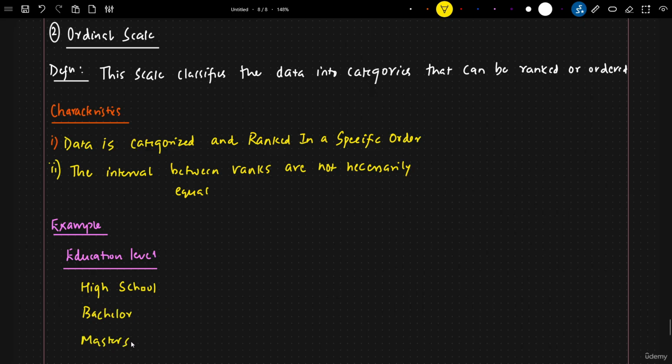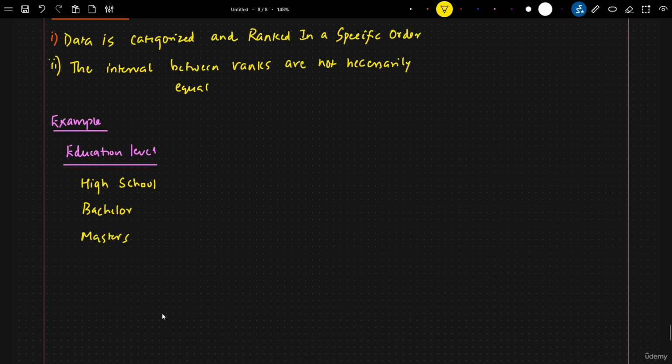Now, based on this education level, we can rank this, right? I may have one more category like doctorate. Now in my data set, I may have these categories getting repeated in some way or the other. Now, based on this category, I can even perform feature engineering, wherein I change this specific data.